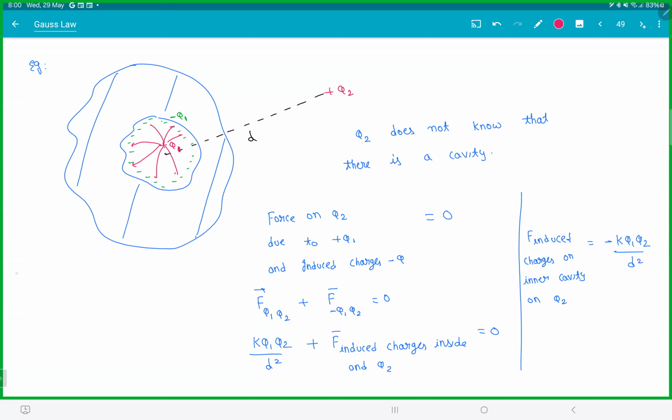So there you can actually write down this. The Q1 and its induced charge minus Q1 together will not interact with anyone. Individually they'll interact, but if you take them together, they'll behave as if they're just gone. They don't exist.